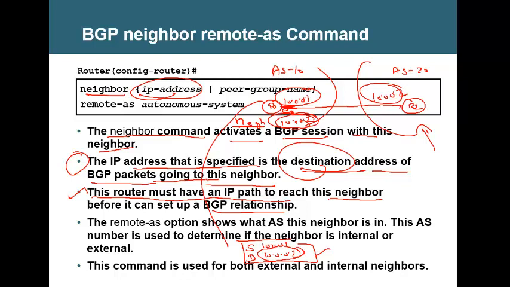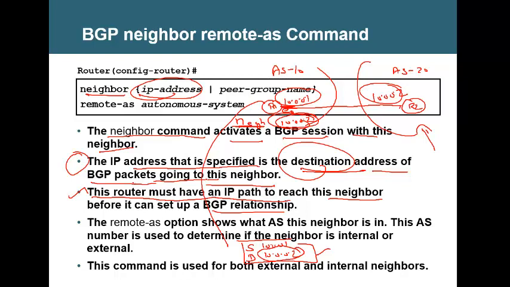So both are application layer protocols. They first do a three-way handshake, establishing a connection by sending SYN packet and SYN acknowledgement. So when you receive acknowledgement, which means there is an IP path, now you can send BGP packets.